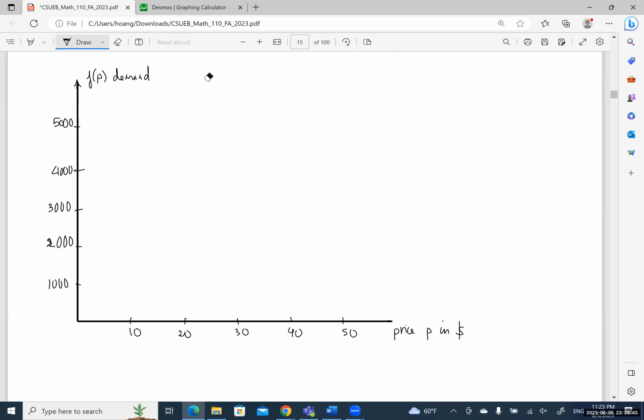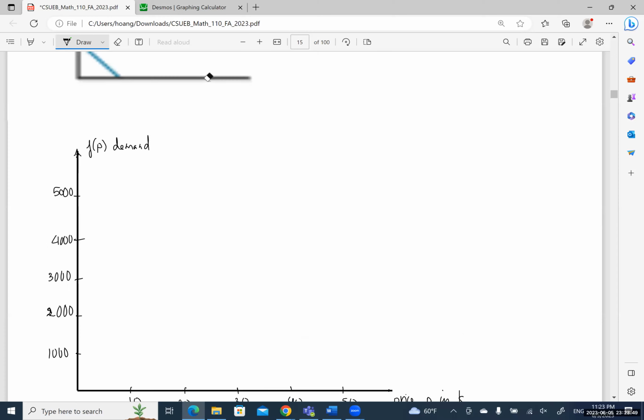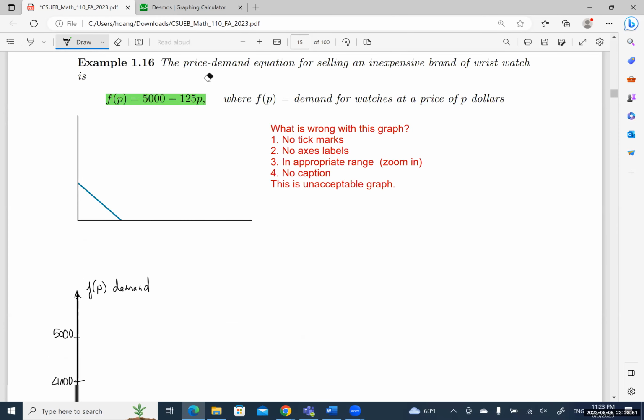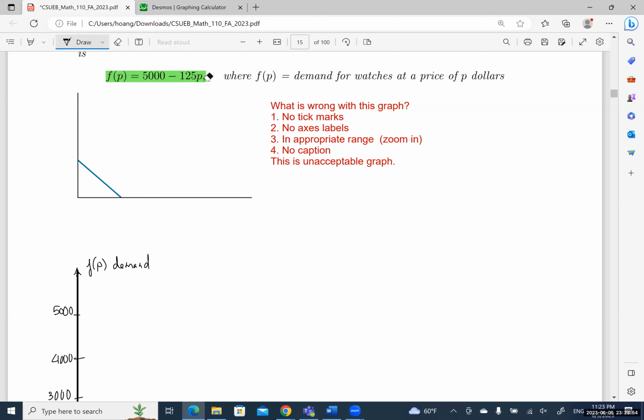And then, in order to graph the function, I need the slope and y-intercept, right? Since I have f of p equal to 5,000 minus 125p, I need to find the p-intercept.